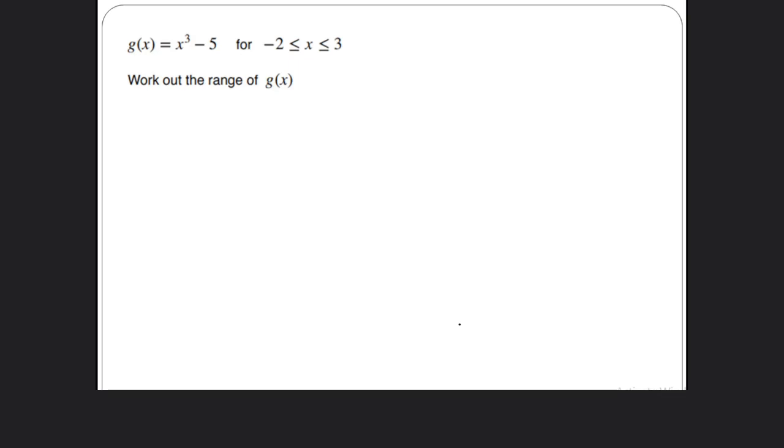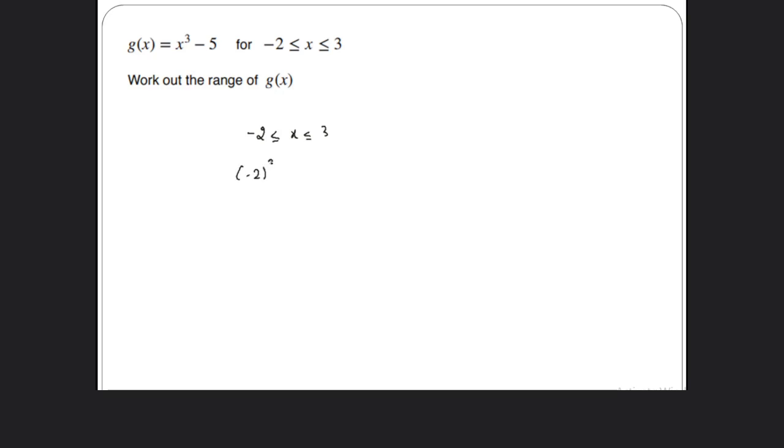The g of x is given as x cube minus 5 and the domain is provided. We have to find the range. How can we find the range? We have to make x into g of x. Initially the function is x cube minus 5, so we can cube this inequality.